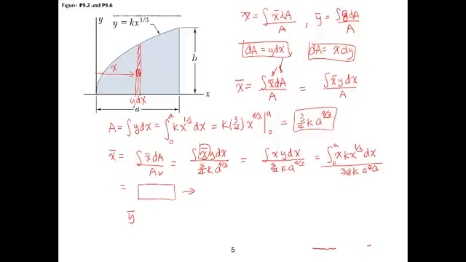And can you now try to set up the y the same way? So y bar is going to be equal to the y bar dA over my area A, which is 3/4 k a to the 4/3. If I set up my y in that way, I will need to set up my dA as x dy.